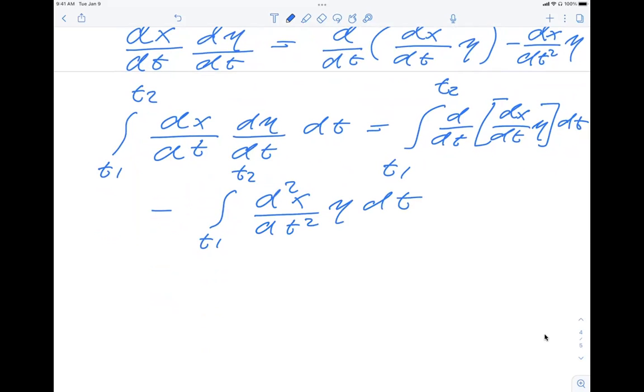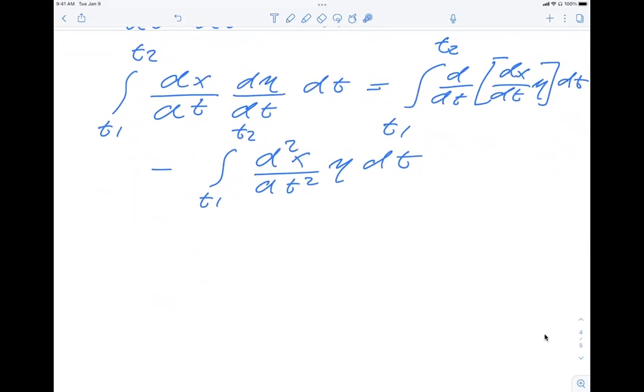Now, if you look at the first term, this is pretty easy to integrate, because what we get when we integrate that one is simply dx/dt times η, with the time limits from t1 to t2. We are assuming dx/dt doesn't diverge at these endpoints, but we have defined the function η at t1 and t2 to be 0 at the two endpoints, because then we have no perturbation of the path, since we know the value at the endpoints.